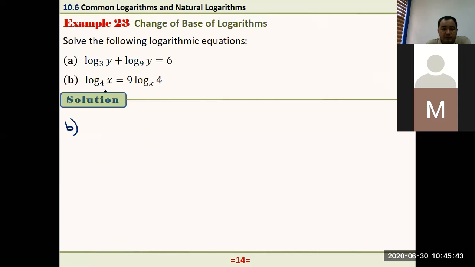Logarithm of x to the base 4 equals logarithm of 4 to the base x, right? So what we can do here, again, logarithm of 4 to the base x, I can write it as logarithm of 4 to the base 4, or we just know that actually this thing is equal to 1 over, we have just proved it, logarithm of x to the base 4.